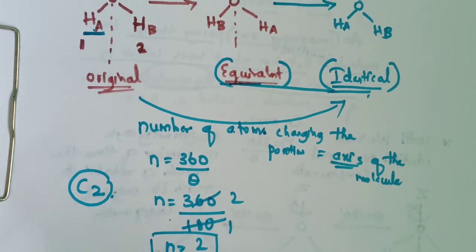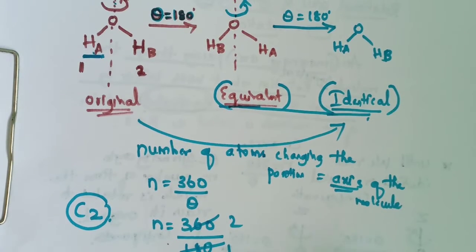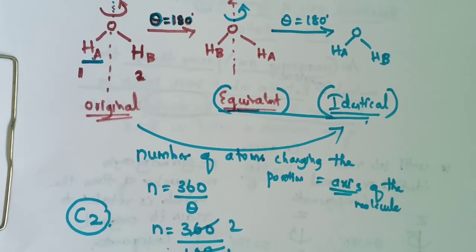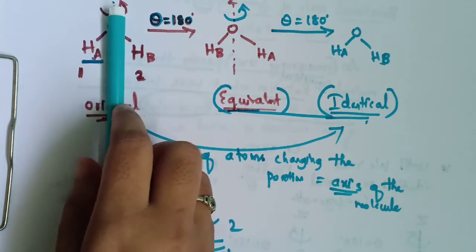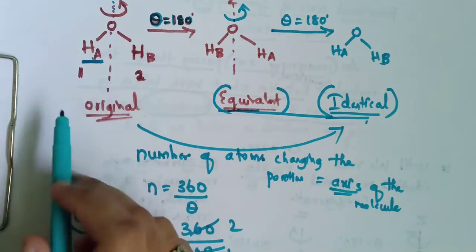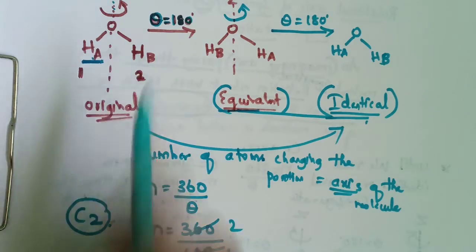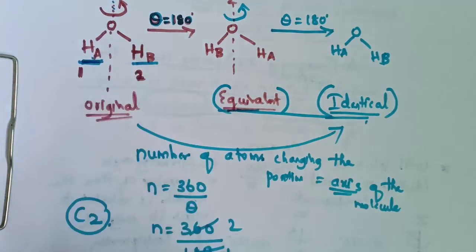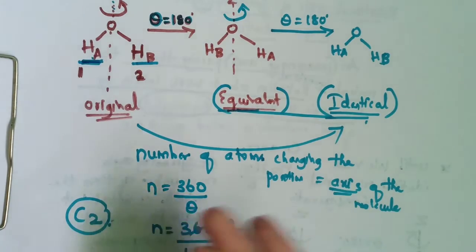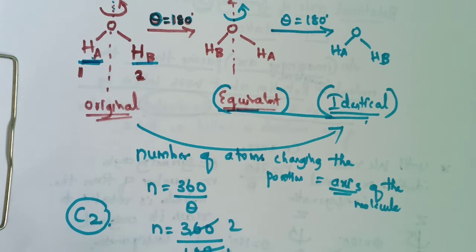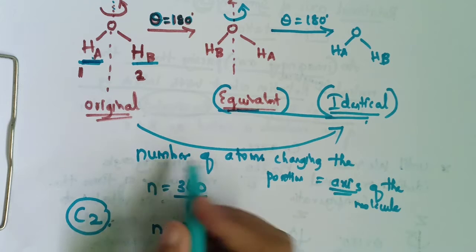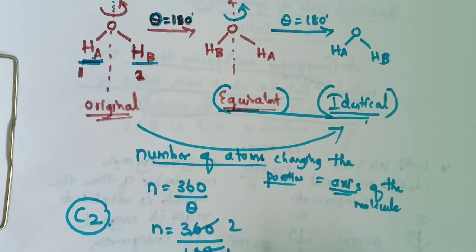By looking at the molecule, you can easily say which axis it is having. See here, we are rotating the O atom here. So how many atoms are changing position? Only these hydrogen atoms are changing position. So by seeing the molecule only, we can say that it is having a C2 axis like this. No need to calculate all this, but by seeing the molecule, we can say that the number of atoms changing position is equal to the axis of the molecule.